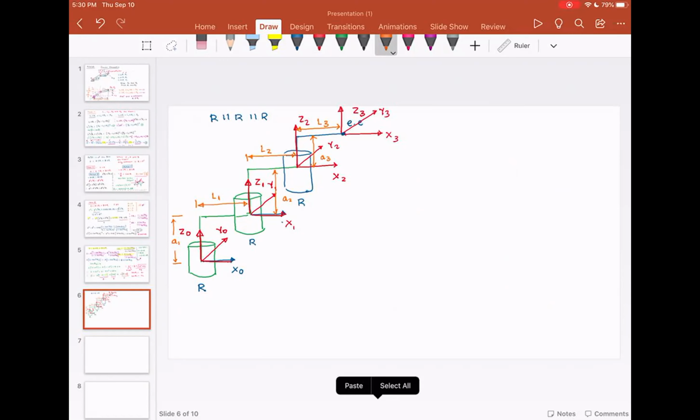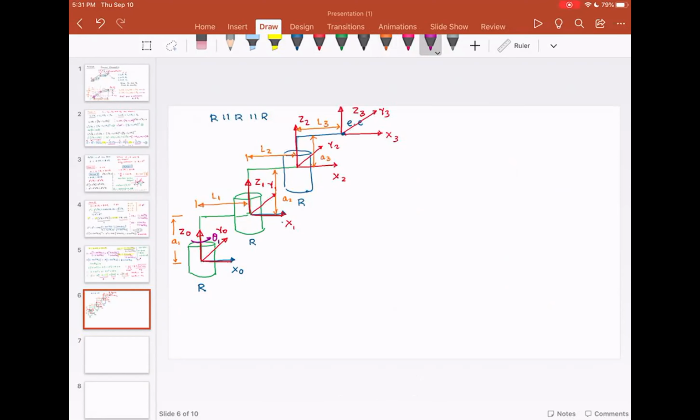So we have A's and L's, and A's and L's are constant except for the joint variables. If you had some non-zero rotation, the L1s would rotate.